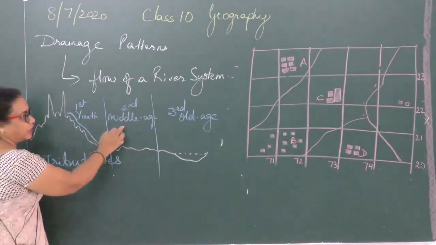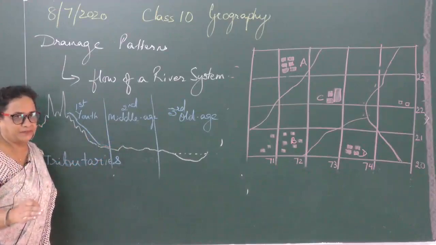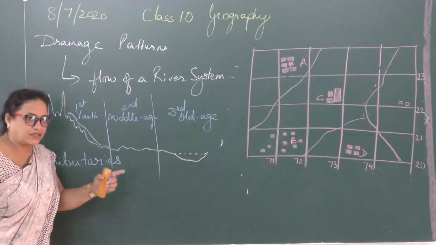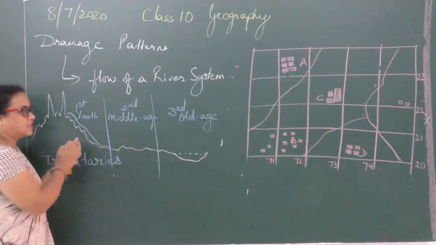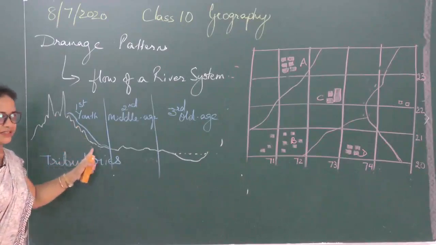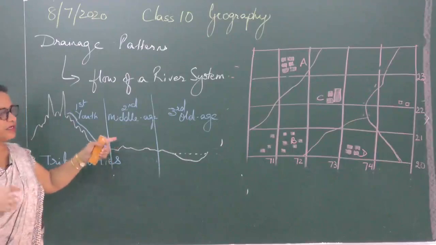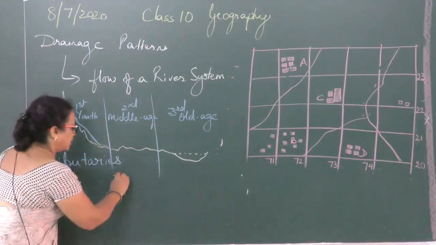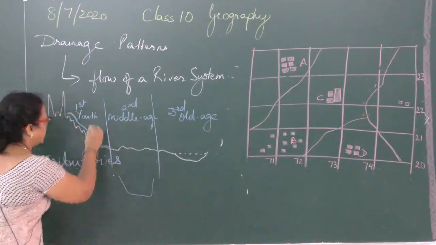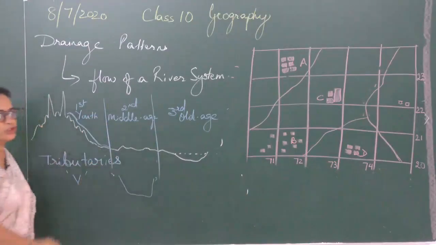Clear? So on the flat land the speed of water becomes less. Okay? And the size of the river increases. Here the size was less, meaning volume of water was less. Many streams join, many tributaries join, and it becomes a big wide river. The river bed becomes like this. In the first stage the river bed was V-shaped. This has become U-shaped.